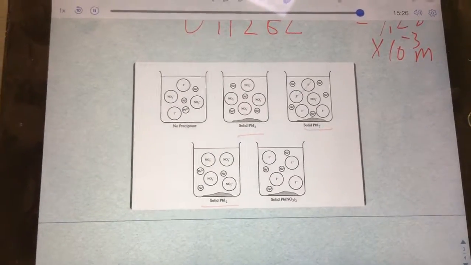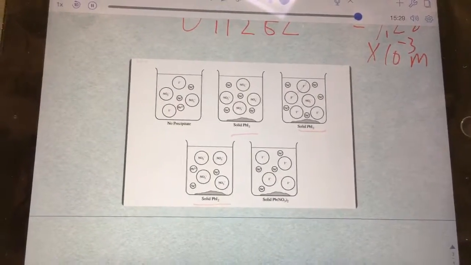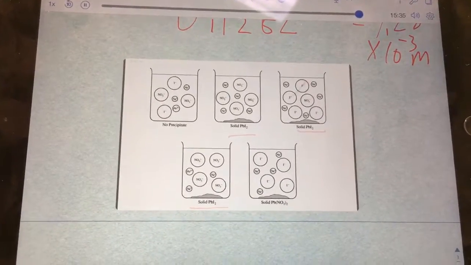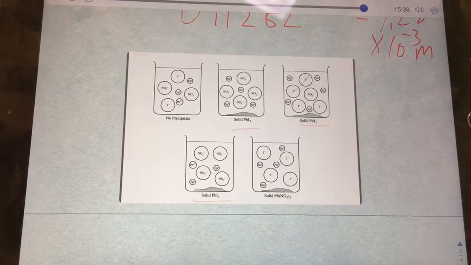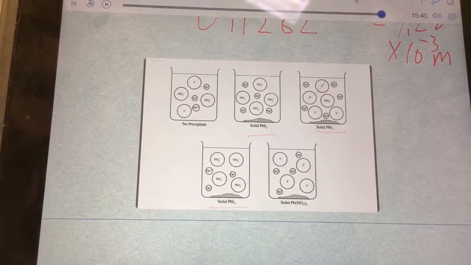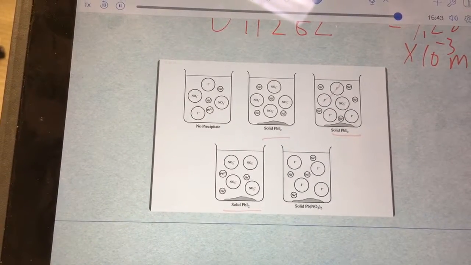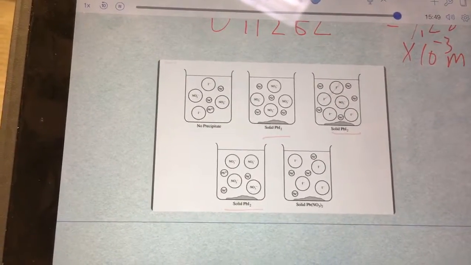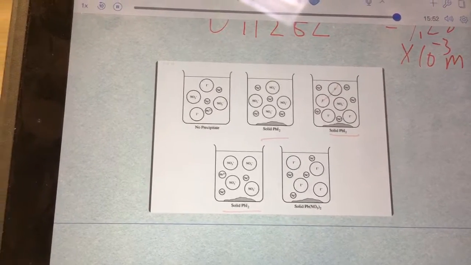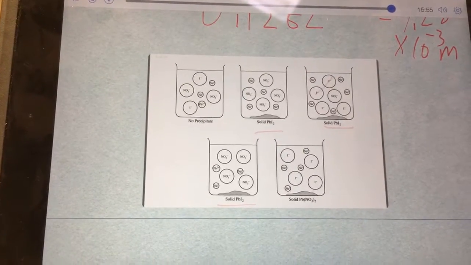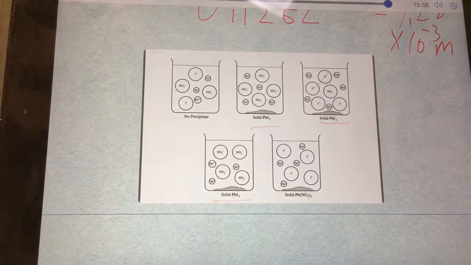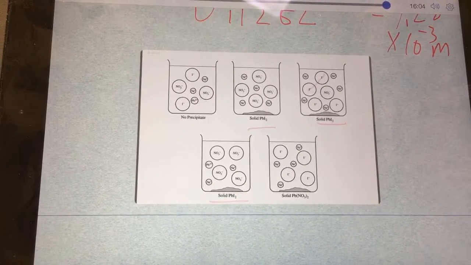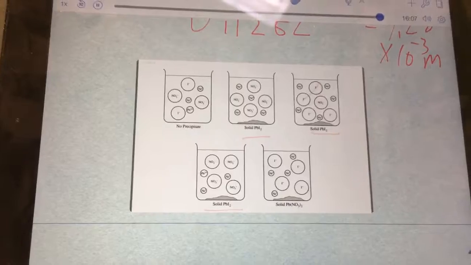On to the last part. The last part is asking, circle the diagram below of the mixture after the reaction is complete. So it's asking for what's left after the reaction is completed. We know the lead nitrate is the limiting reactant. So lead nitrate is not our solid.